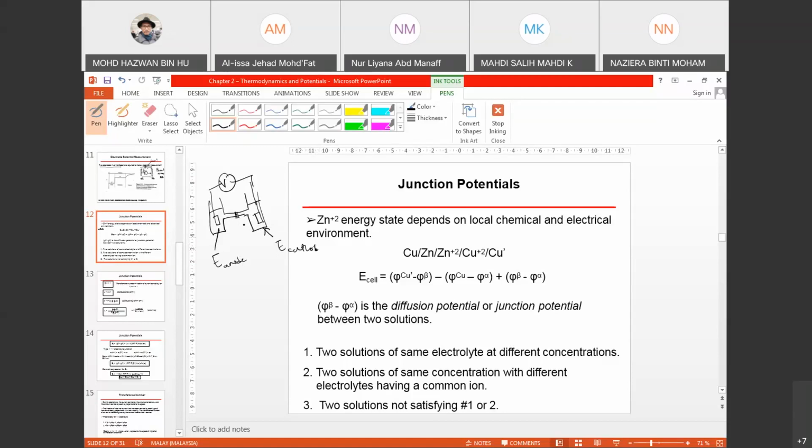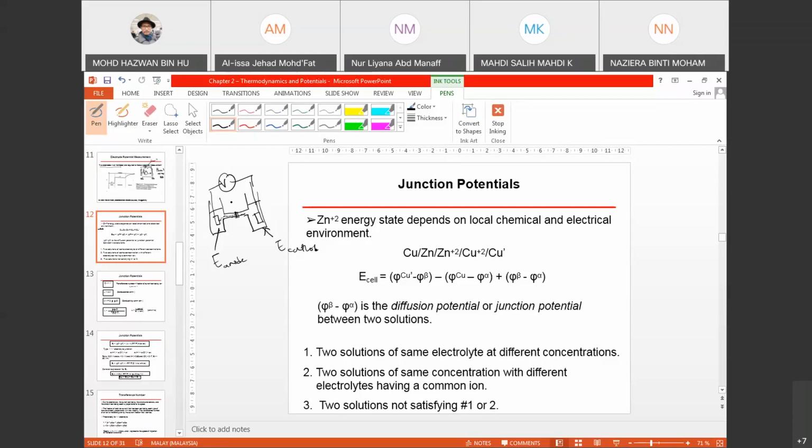If they were the same, then the net of the reaction would be different. When this side experiences oxidation, ions will be produced, and then they need to travel through this capillary.